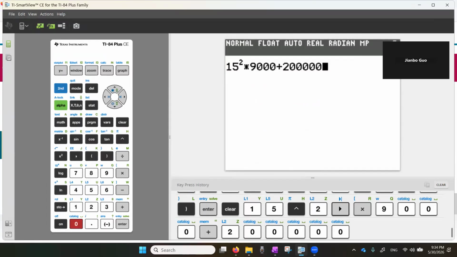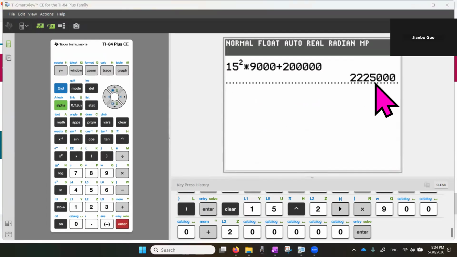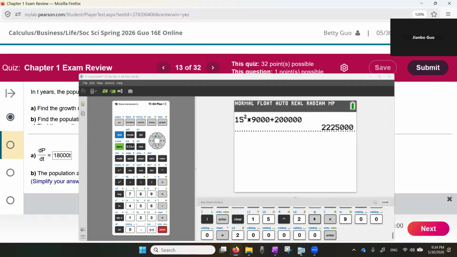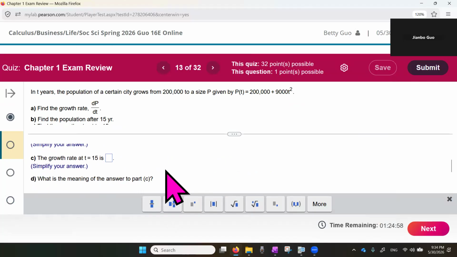T is 15. And it is 425,000. So double check your entry. Make sure you have it right.